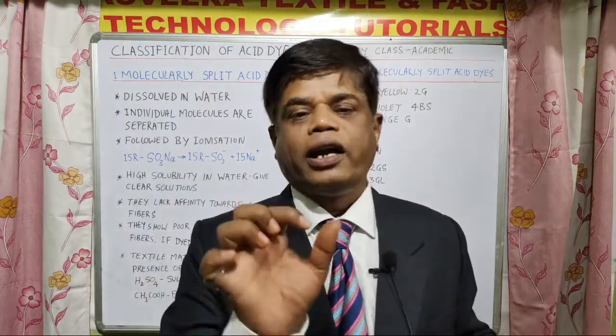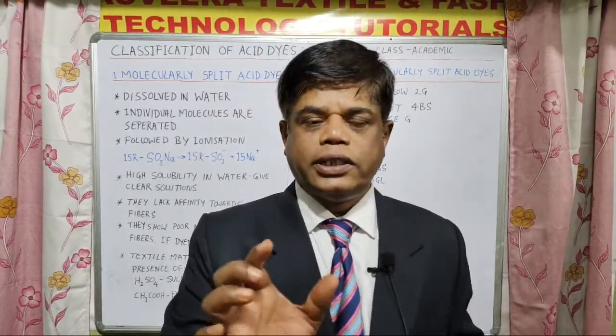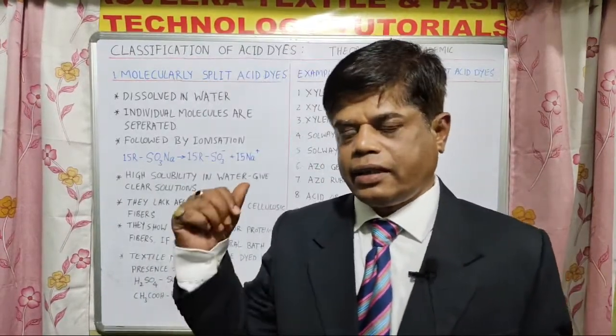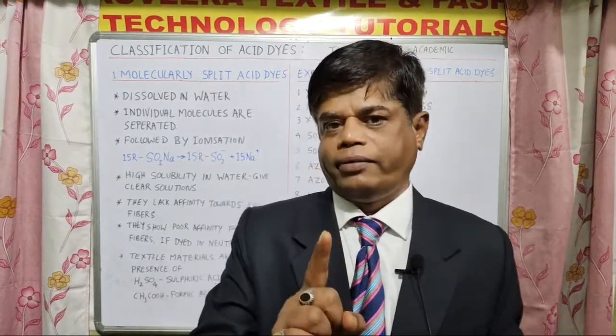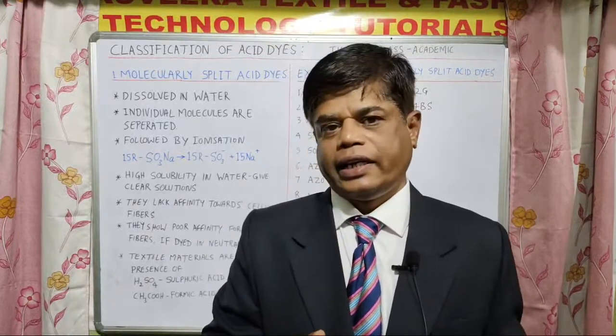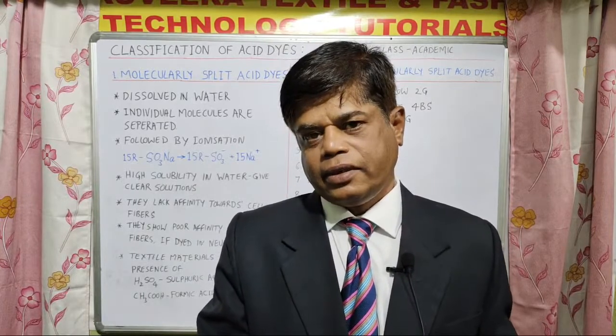Soluble and insoluble is one way of classifying the dyes. In this class I am taking that way. In the next class I will take another way of classifying acid dyes.